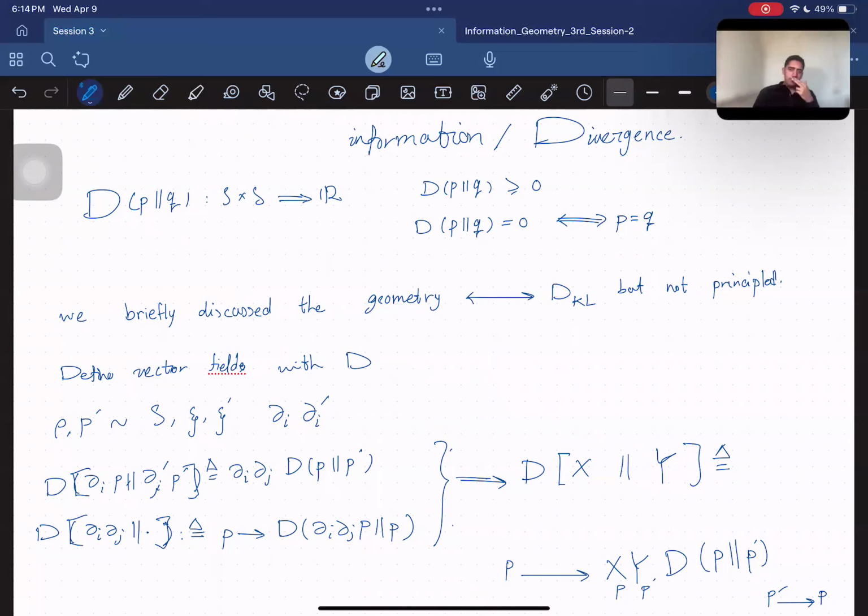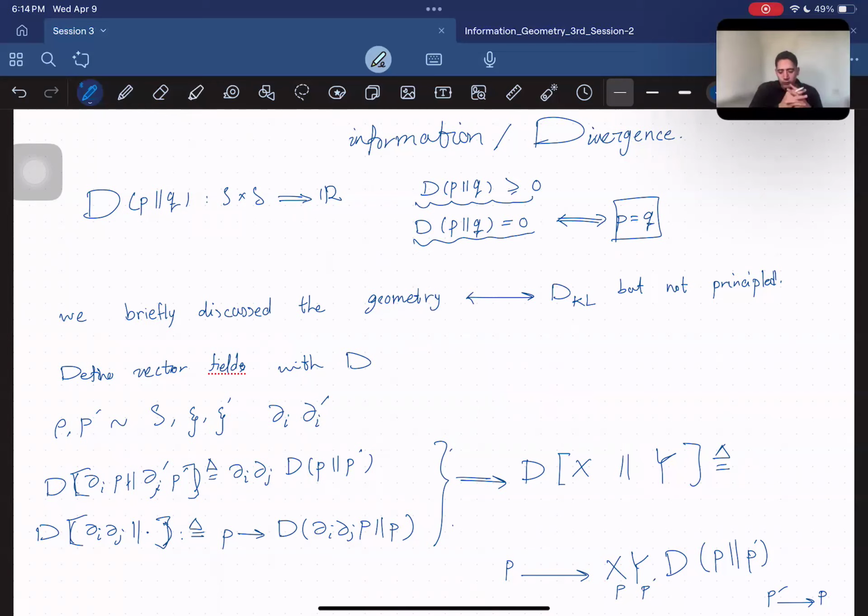Okay, let's dive into the concept of divergence. Divergence between two distributions P and Q is not a distance, it is just a heuristic for the distance. So we want the divergence between two distributions to be always positive and to be zero only if the two distributions are equal.